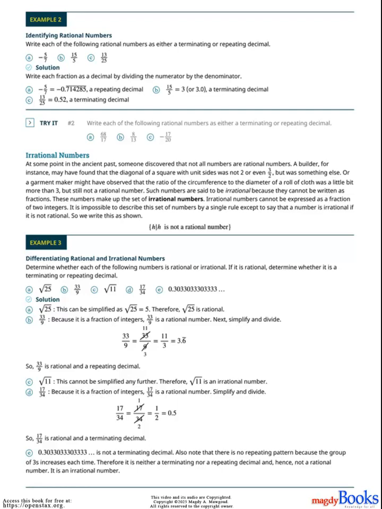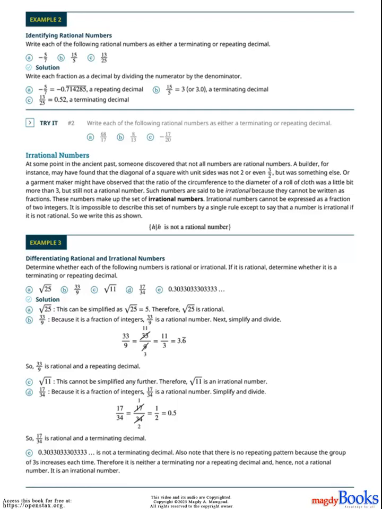Next, simplify and divide. 33 over 9 equals 11 over 3 equals 3.6 with a bar. So, 33 over 9 is rational and a repeating decimal. C. Square root of 11. This cannot be simplified any further. Therefore, square root of 11 is an irrational number.